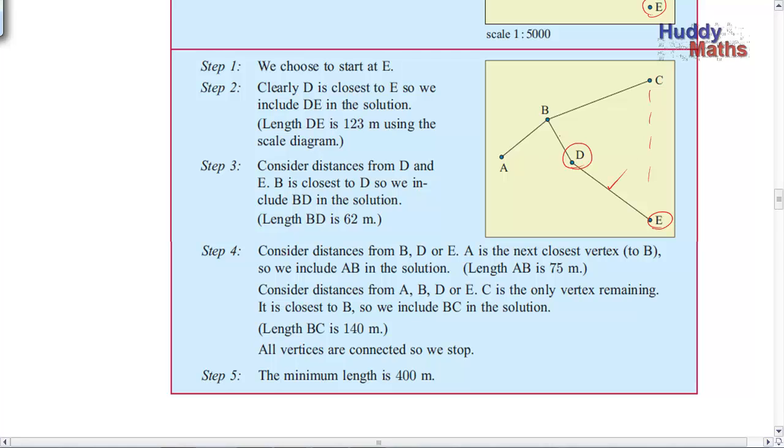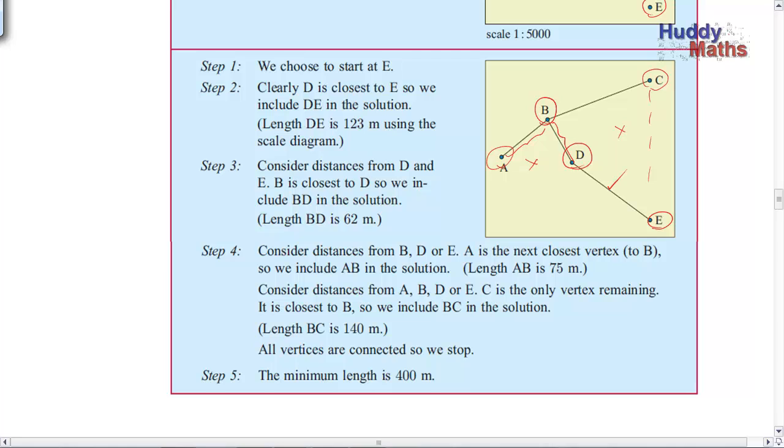Then from D, B, you could measure that, is closer than A or C, so we're going to go to B. And then we could go to A or C. A, though, is clearly closest, so we'll go there. And then, of course, we've got to add them all up.